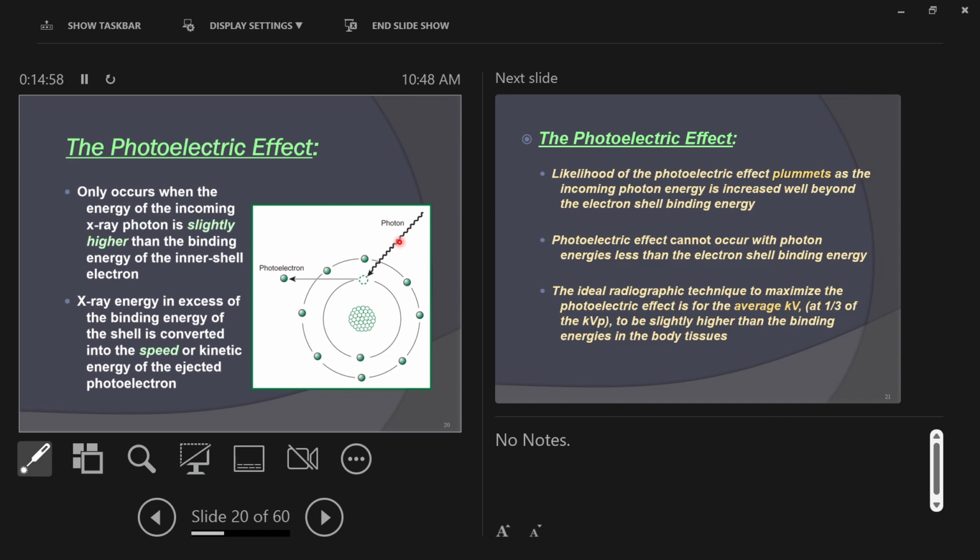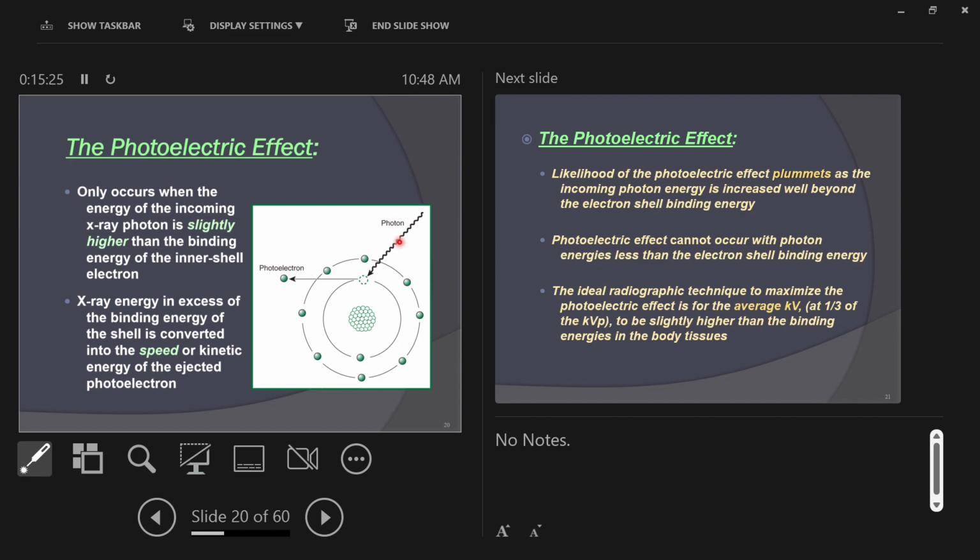But in principle, that energy now can tell you how fast the electron is, how much momentum it has, from mass and velocity. So that's what's left over, 3 keV, because the incoming photon had 60, it took 57 to remove the electron, so the leftover is 3, and that's how much energy that thing is moving with. If, for example, we now had a photon coming in with 67 keV, then the photoelectron leaves with 10 keV worth of energy.